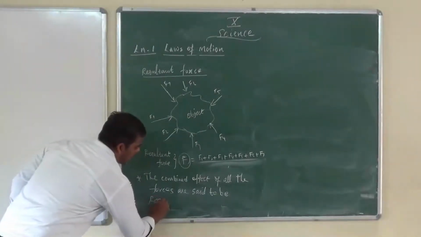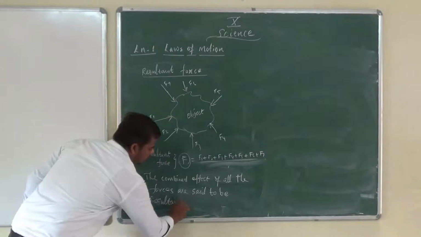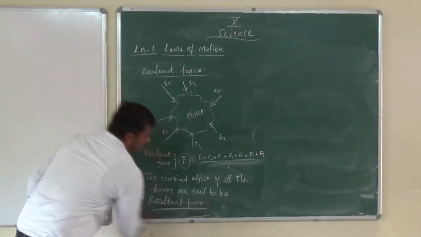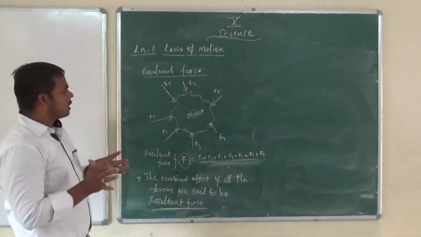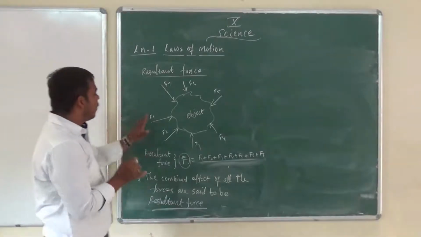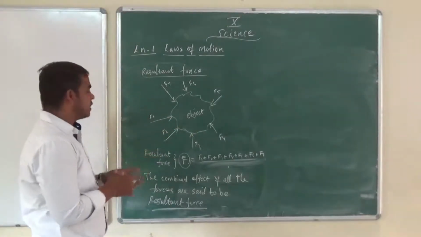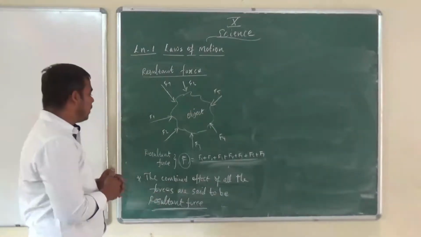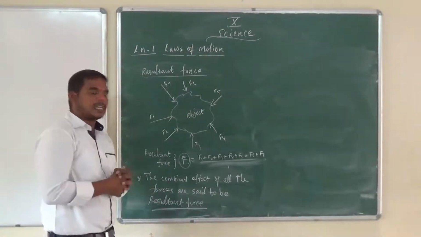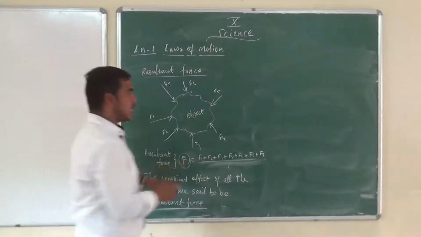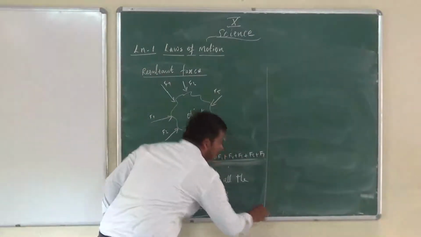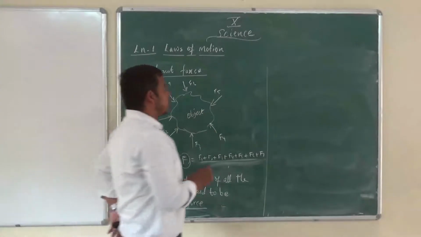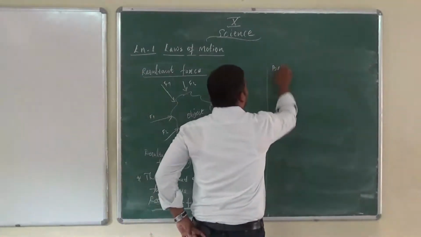So the definition of resultant force: the number of forces or several forces acting simultaneously on the body, the combined effect of all the forces, is said to be the resultant force. I showed that example. Next, balanced force.